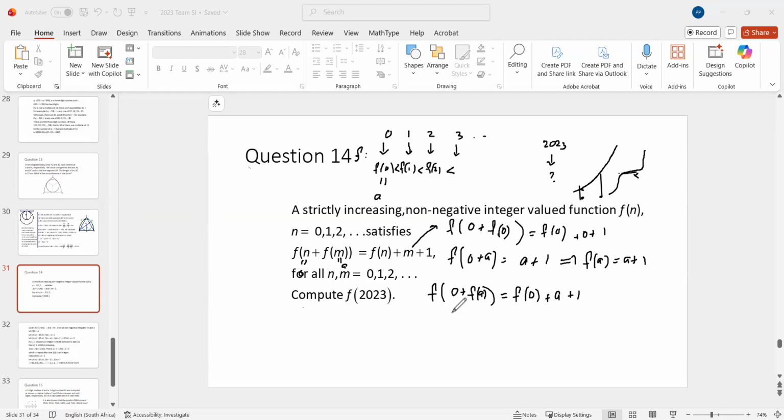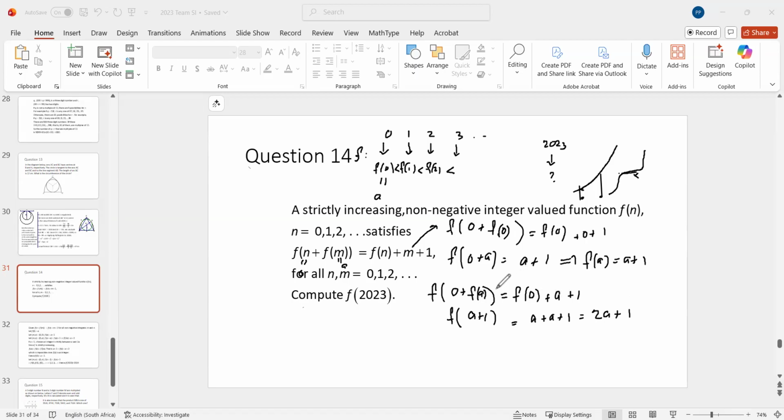This tells you that f(a) is a plus 1, and f(0) is a, so you'll have a plus a plus 1. That gives you 2a plus 1. It turns out that you can't really do much with this one.